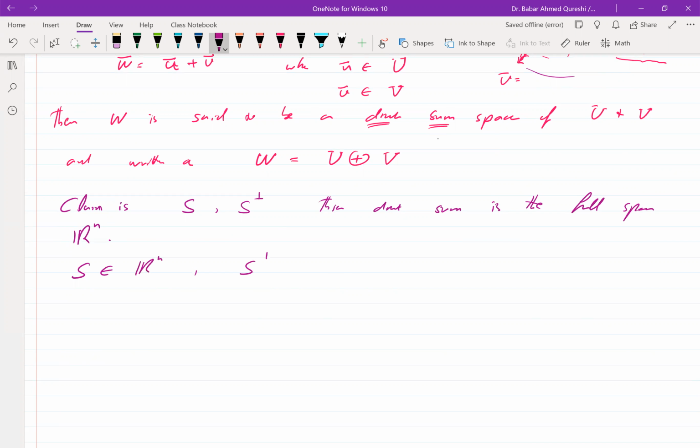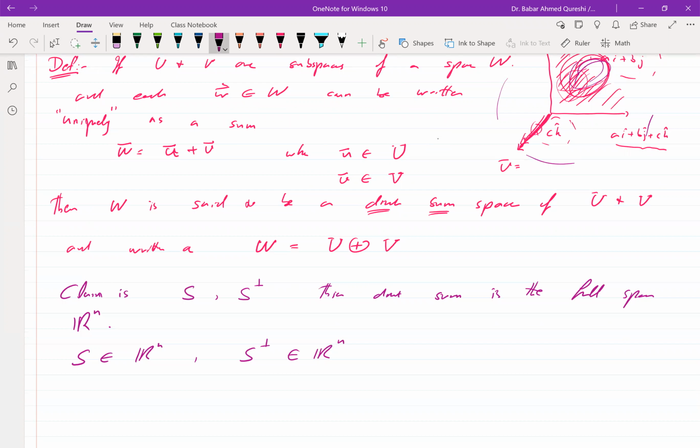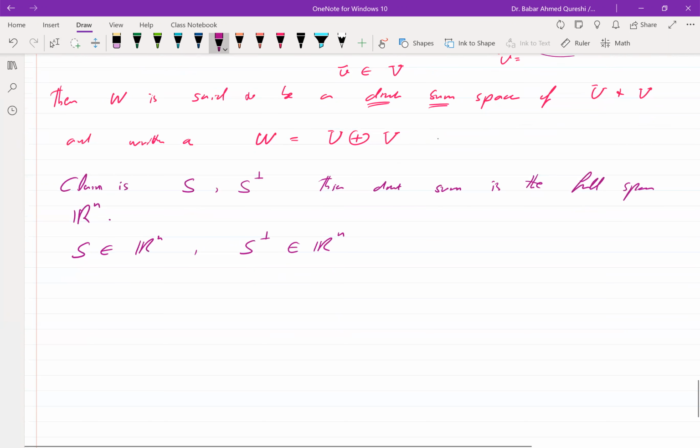I construct another subspace by hand, which is just the orthogonal complement of S in Rn. Then Rn would have this kind of direct sum structure.